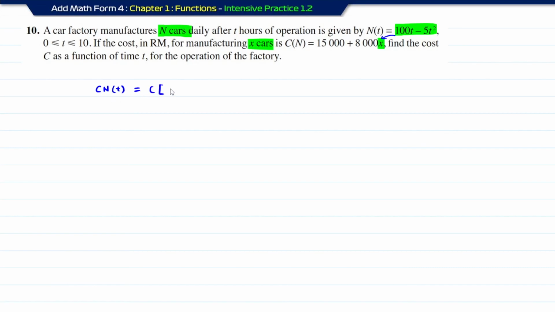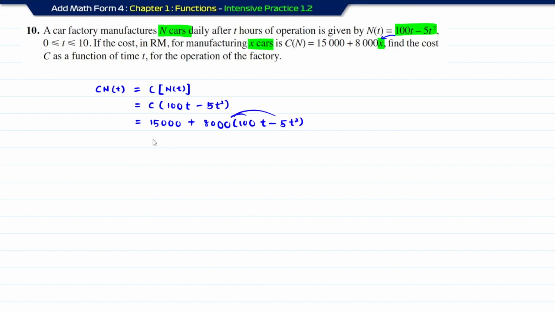The composite function C(n) is formed when you insert the function n into the function C. So the function n is 100t minus 5t squared. So this is the one that you're going to insert here. So next you're going to have 15,000 plus 8,000, and the x here we're going to replace with 100t minus 5t squared.